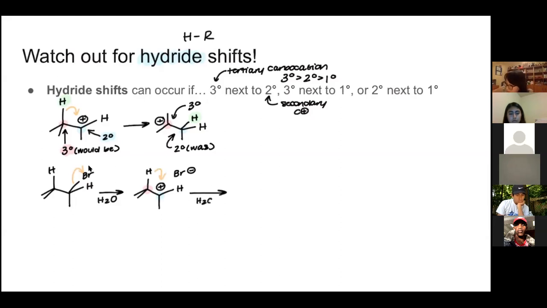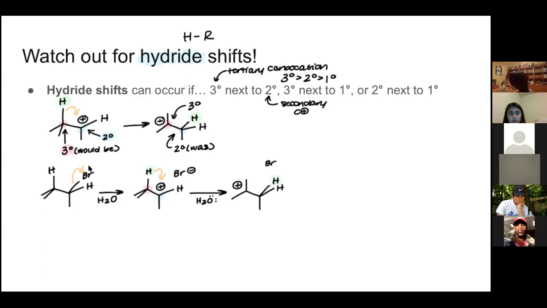This is still happening in water. I'm going to draw the lone pairs for fun. So now the hydrogen is over here. This carbon is now a carbocation.